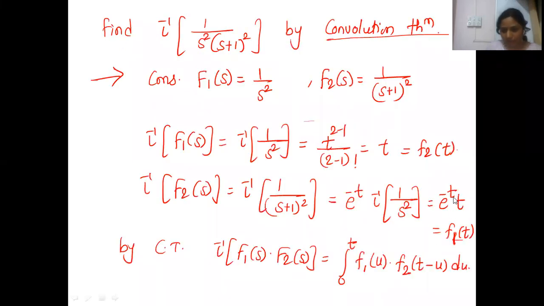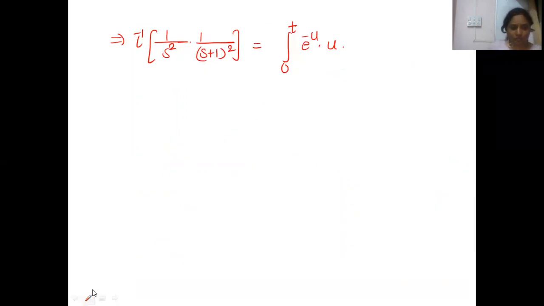Here in f2(t), change t to t minus u. So t minus u, with respect to u. Is there any doubt in this step? You can ask now. Do you have any doubt? No. Good.